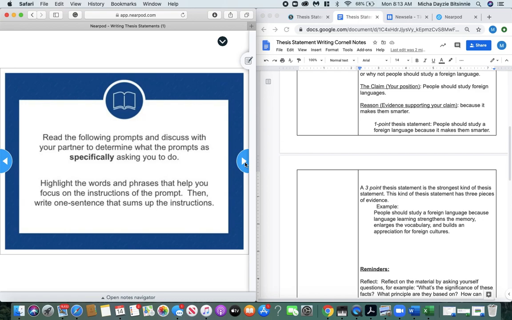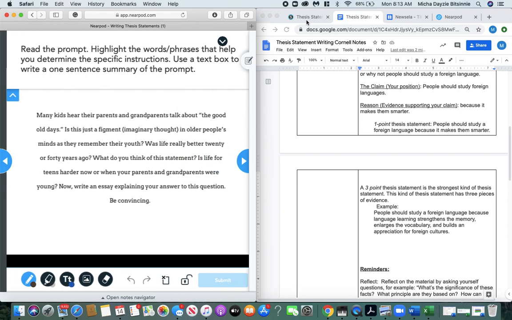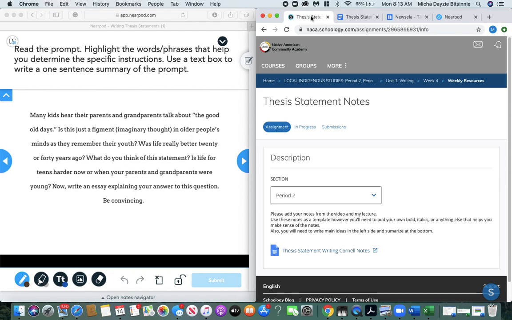All right, so your assignment in this particular one is that you're being asked to read a prompt and discuss with your partner, or by yourself, what the prompt is specifically asking you to do, and then highlight the words and phrases that help you focus on the instruction. Now, if you remember, I also have this as an assignment for this week.